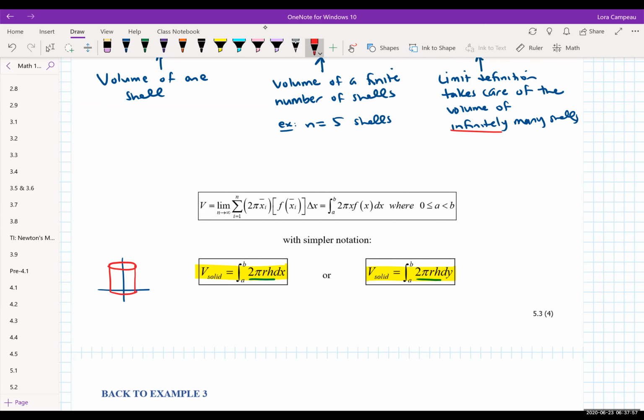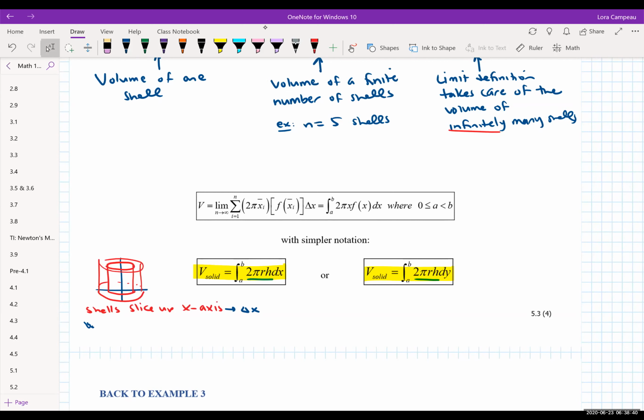However many shells you make, you can make more if you need to, you can see what's happening. But each of the shells seem to be slicing up the x-axis. So here, the shells slice up the x-axis. If they're slicing up the x-axis, just like we did in 5.1, we're using delta x.